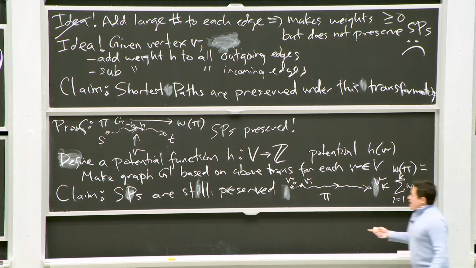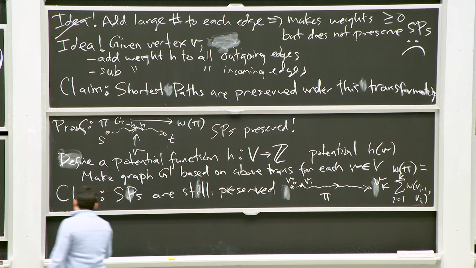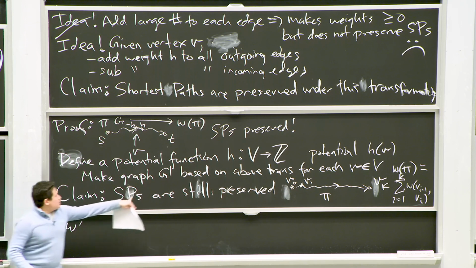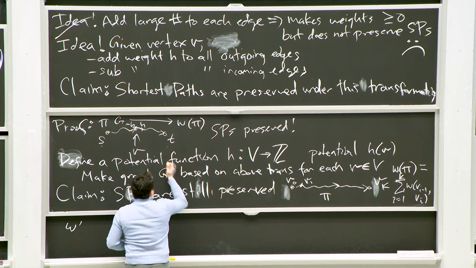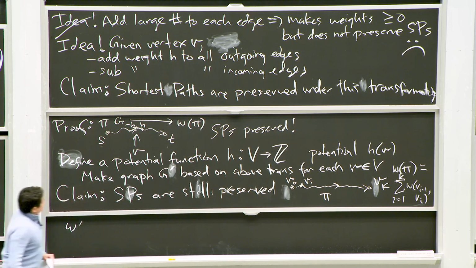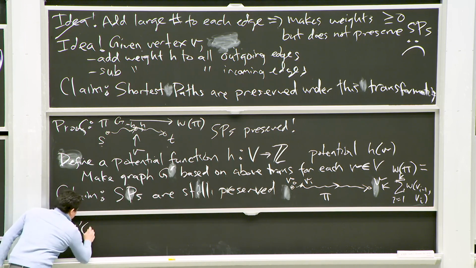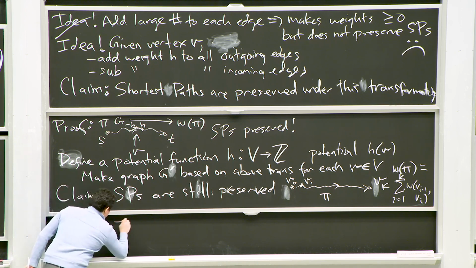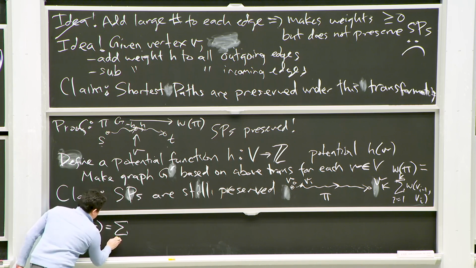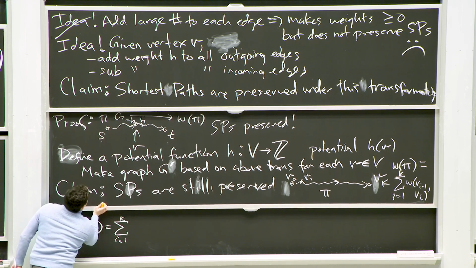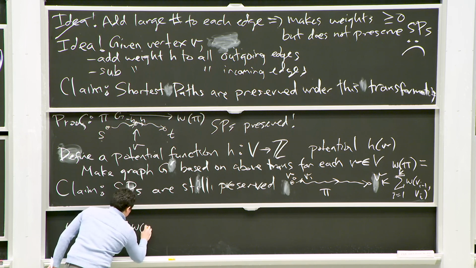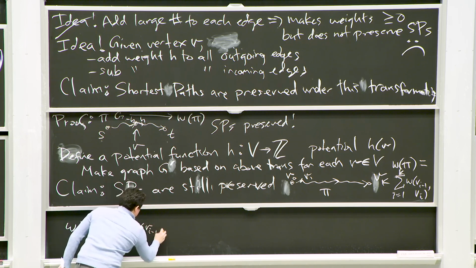The weight of my transformed path, I'm going to do it down here. It's a little iffy. The weight of my transformed path is the weight in this new weighted graph G prime. Okay? This is the weight of that same path, right? It's the same path, it's just going to be the sum of all of the reweighted edges. So i equals 1 to k of my original weight of my edge from Vi minus 1 to Vi.